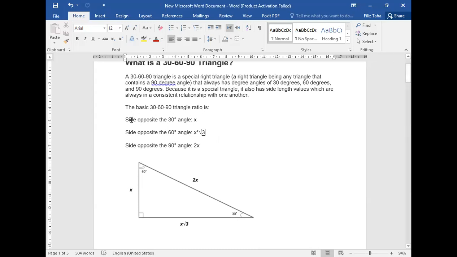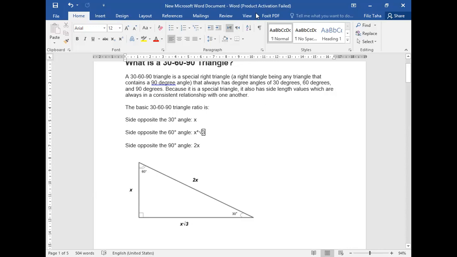The side opposite to the 30 degrees, which is the least angle in the triangle, we can call x. If the side opposite to 30 degrees is x, then the hypotenuse will be twice this value, so it will be 2x. And the side opposite to 60 degrees will be x root 3.